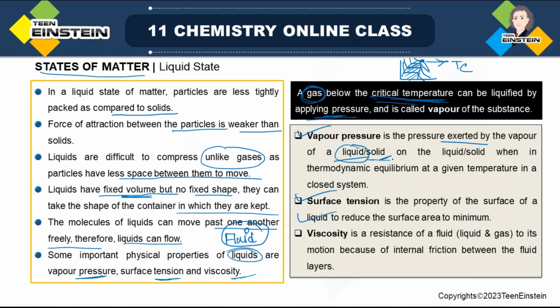It is simply mentioned here because it is the definition. Just focus on liquid. It is the pressure exerted by the vapor of a liquid on the liquid when it is in thermodynamic equilibrium at a given temperature in a closed system. Remember, there should be constant temperature and a closed system also.